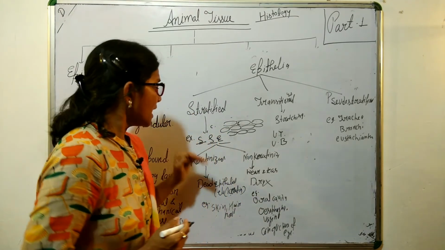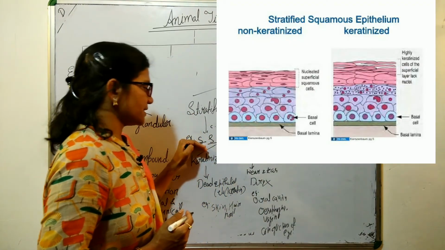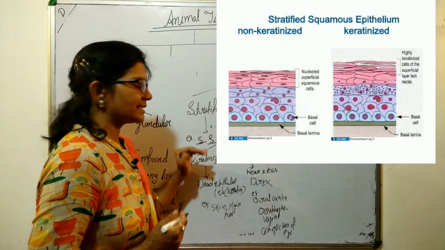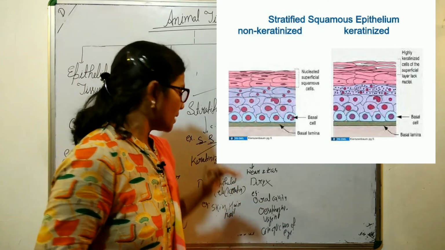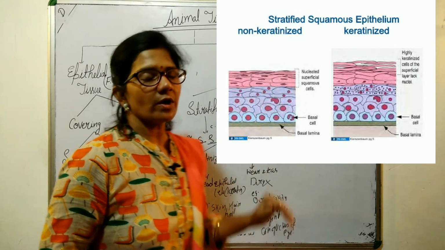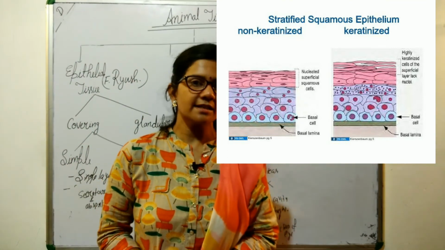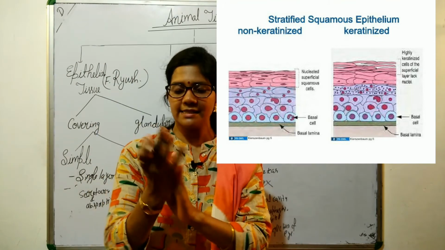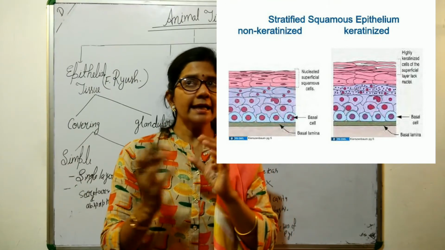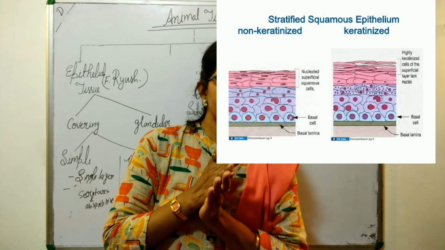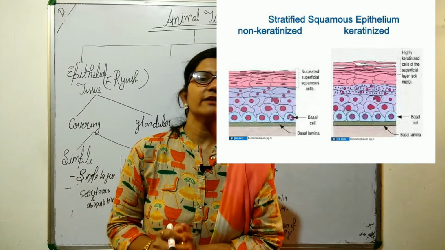Now these stratified squamous epithelial tissues can be of two types. It can be keratinized or it can be non-keratinized. If the cell is exposed to the external environment, like our skin layer, it has to withstand wear and tear and also the dry environment.